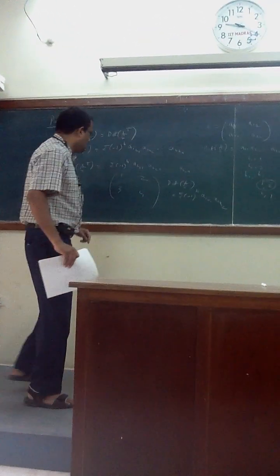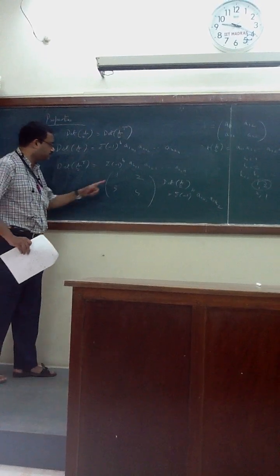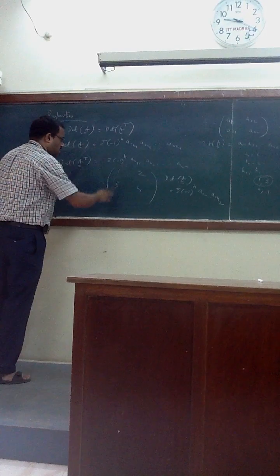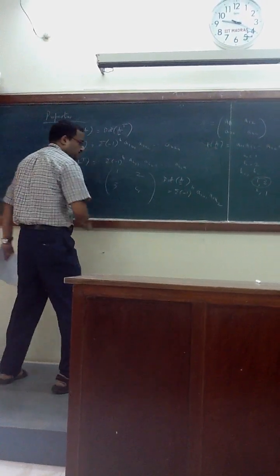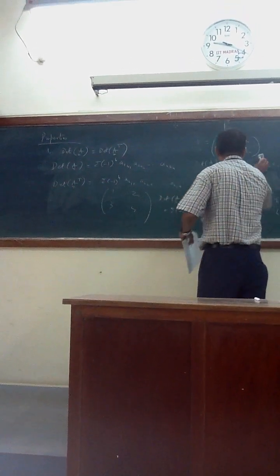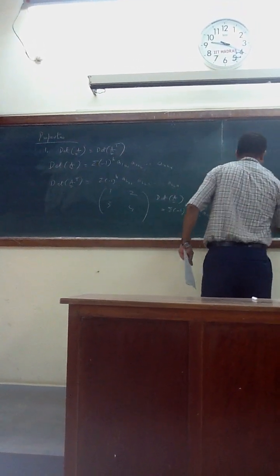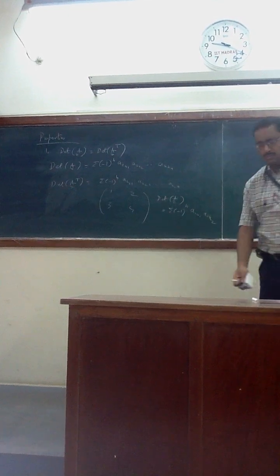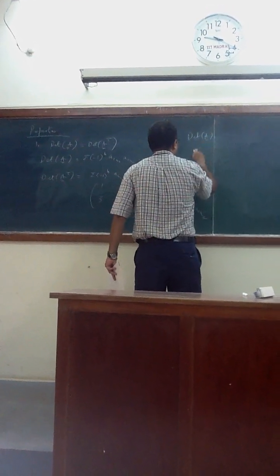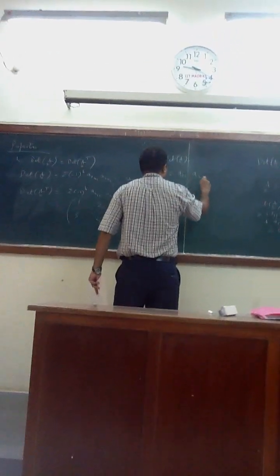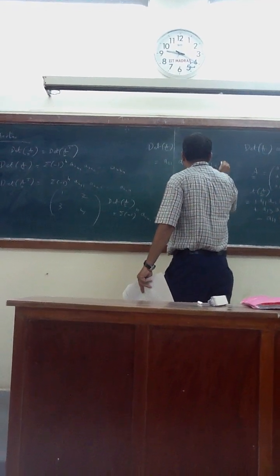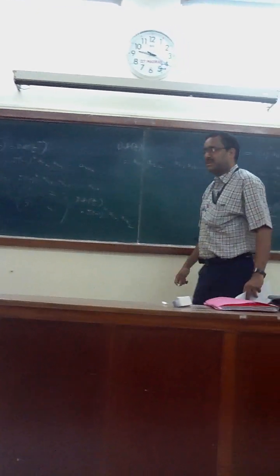Again, okay. So if you look at this example, how do we calculate the determinant of A for 2 by 2? Determinant of A is A11, A22, K1, K2 minus A12, A21, right?